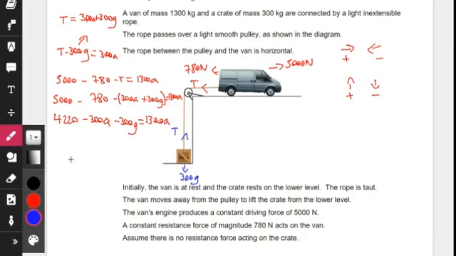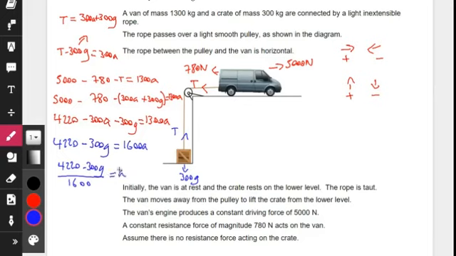So 4,220 minus 300g equals 1,600a. That's 1,300 plus 300. And then a is going to be 4,220 take away 300g all over 1,600, which equals a.